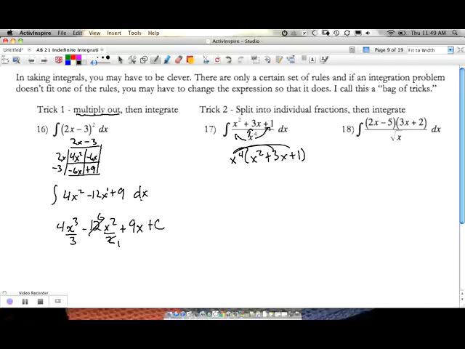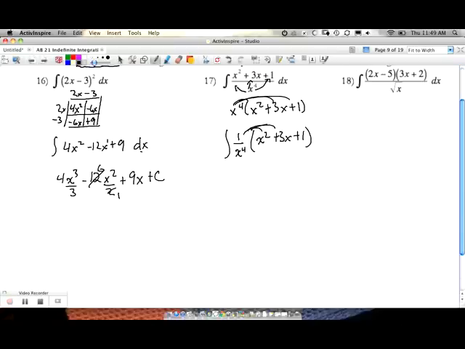So if I distribute this, then we're going to get x squared over x to the fourth, 3x over x to the fourth, plus 1 over x to the fourth.